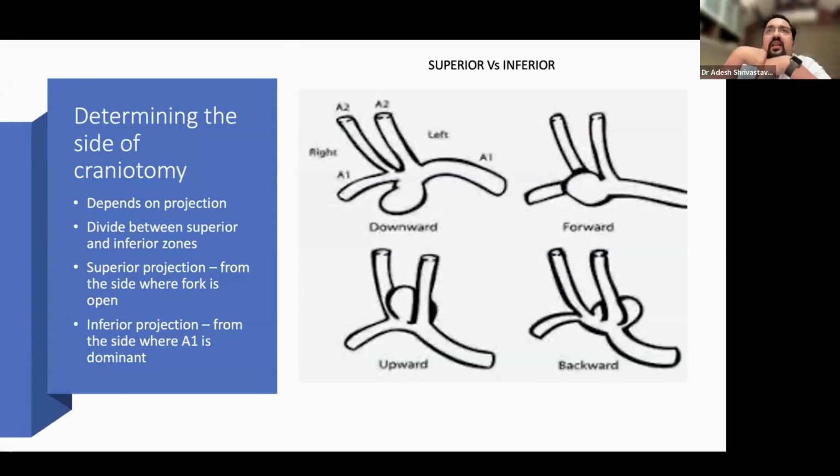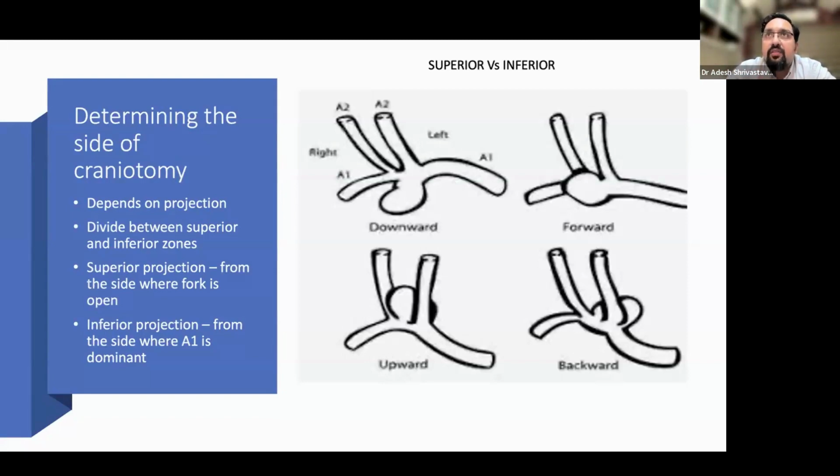So we now decide on the basis of how the aneurysm is in relation to the A2 forks. If the aneurysm neck and dome are touching, or in close proximity to the A2s, that is, it's upward projecting, or probably superior anteriorly projecting.